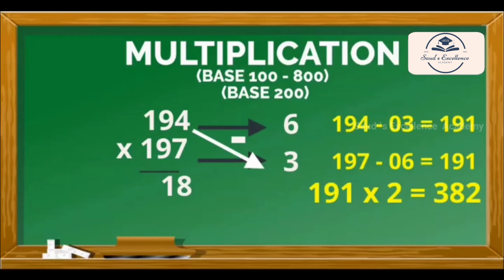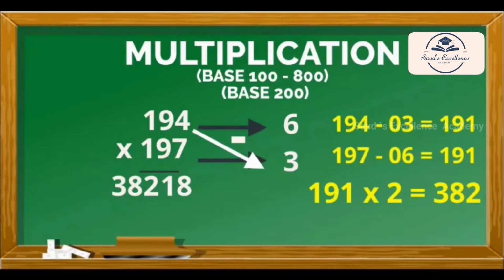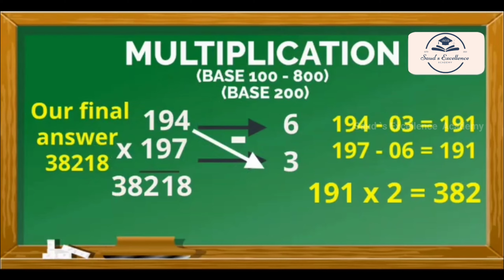For base 200, we take 2, so 191 times 2 equals 382. We write 382. Our final answer is 38,218.